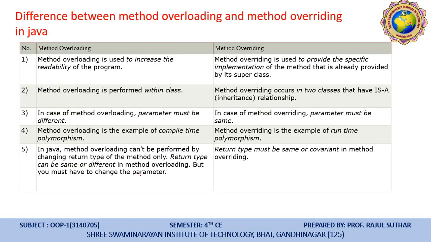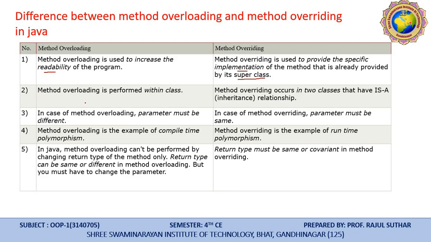Let me check the difference between method overloading and method overriding in Java. What do you mean by method overloading? Method overloading is used to increase the readability of a program. While method overriding is used to provide the specific implementation of a method that is already provided by its superclass.